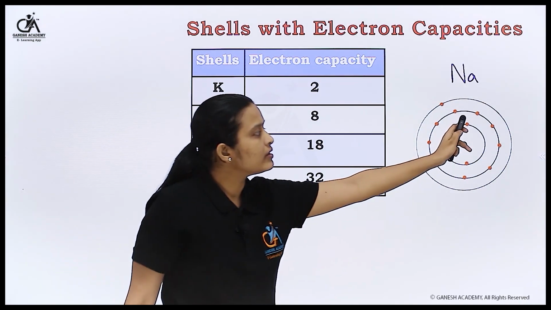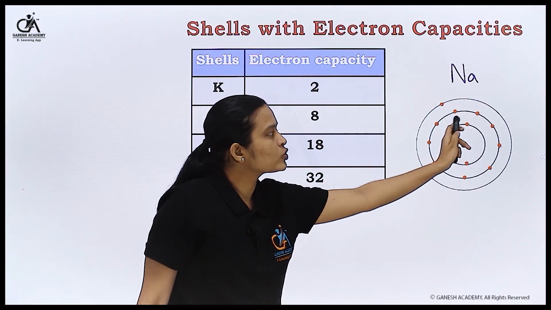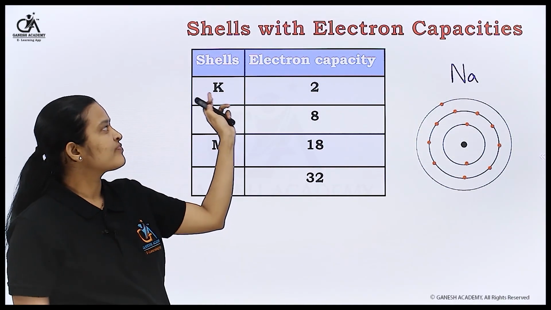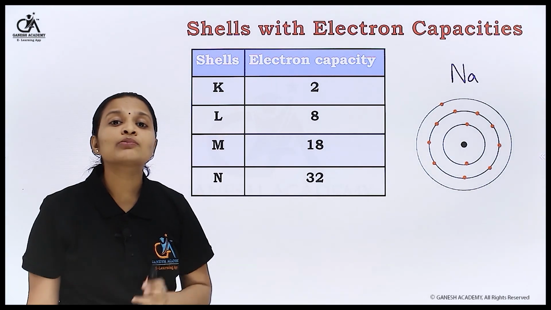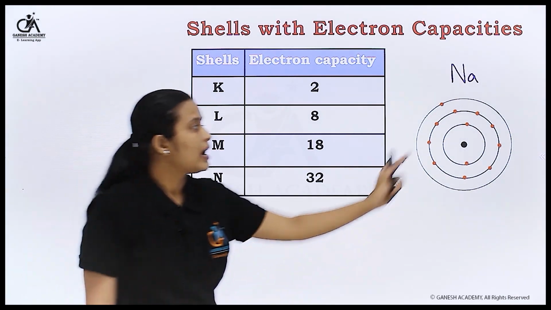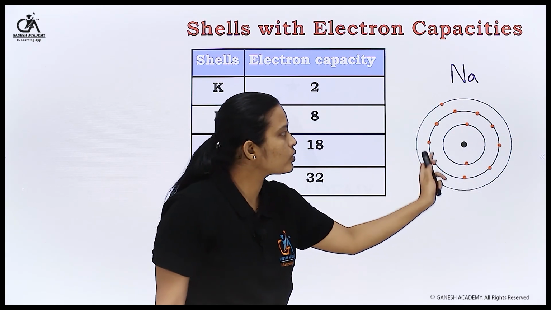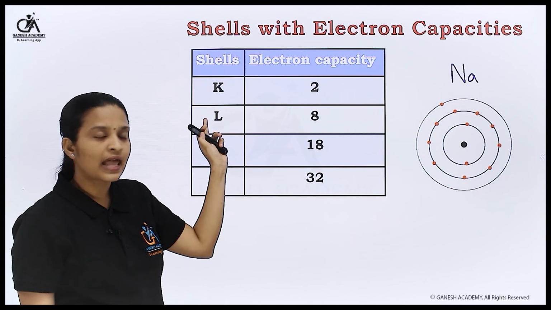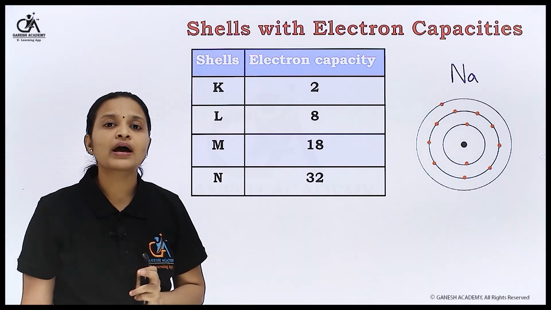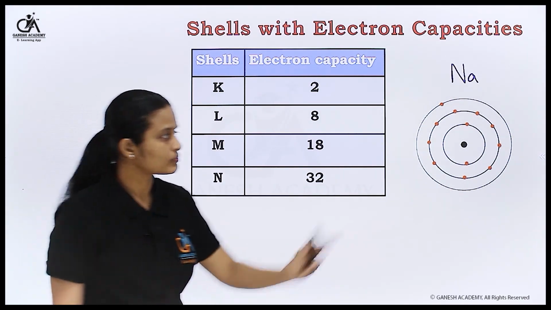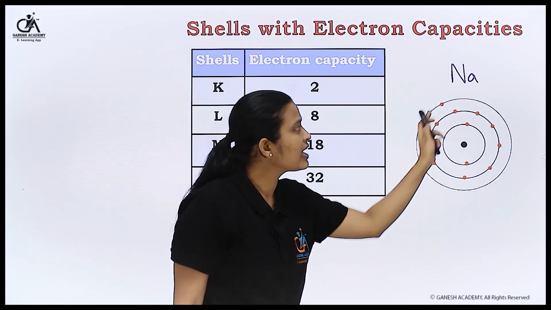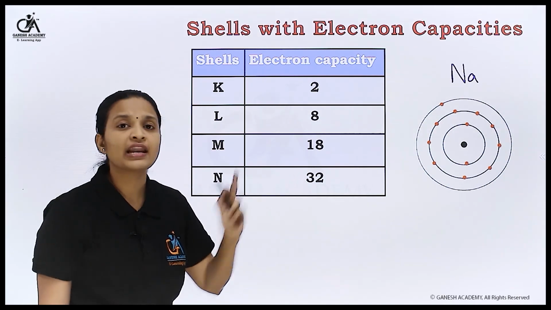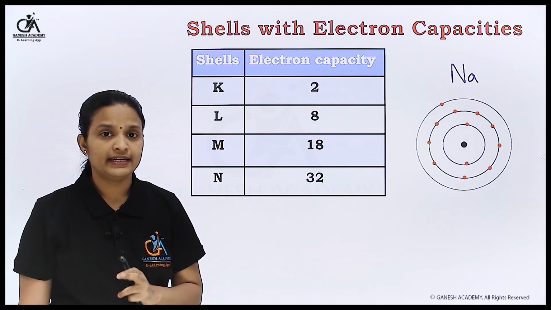In this diagram I have shown only 2 electrons in the first shell, because the first shell has only that much electron capacity. In the second shell I have shown 8 electrons, because the second shell, that is the L shell, has an electron capacity of only 8. In the third shell I have shown only 1 electron, but actually the third shell has an electron capacity of 18.